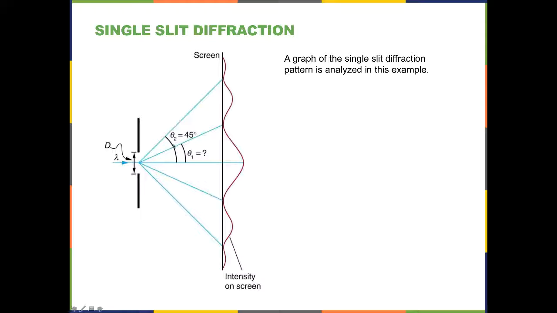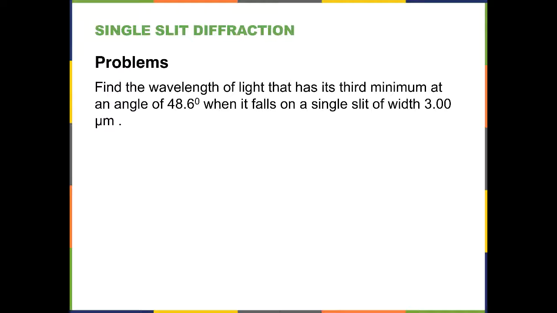Then the second one is 45 degrees, so this is lambda over d for sine 45 degrees, etc. Find the wavelength of light that has its third minimum at an angle of 48.6 degrees when it falls on a single slit width of 3 micrometers.